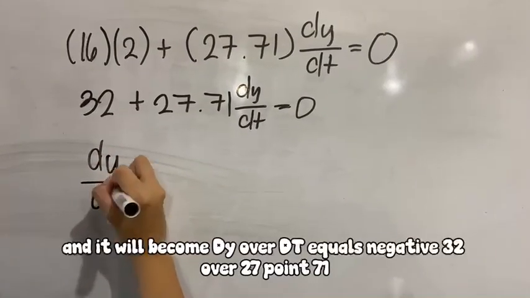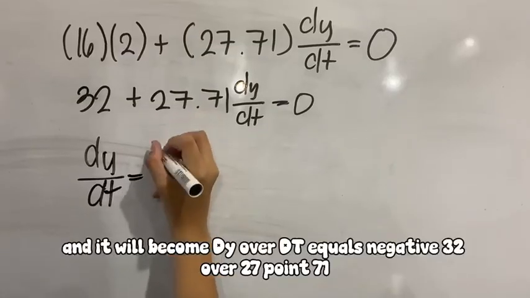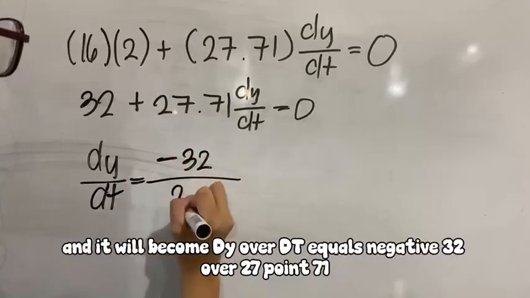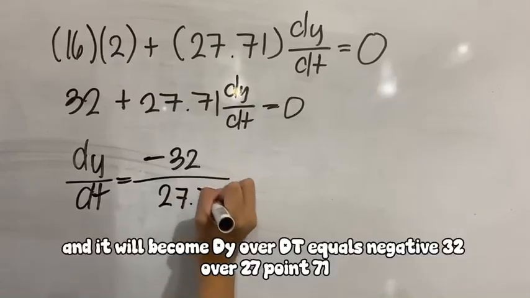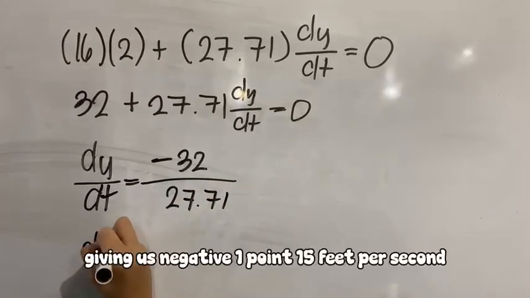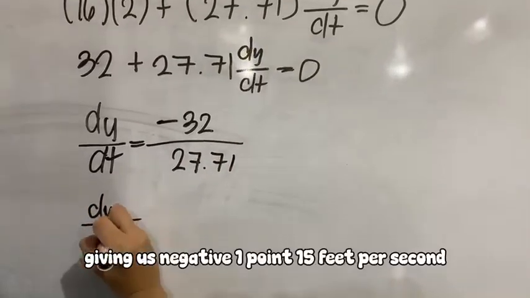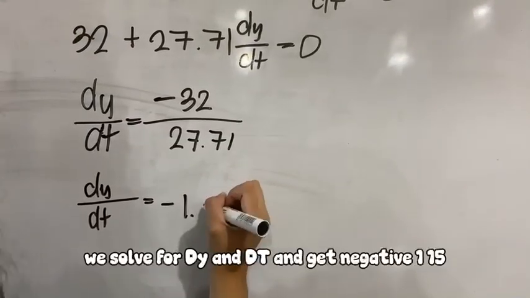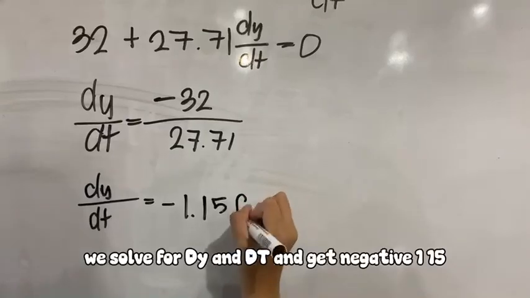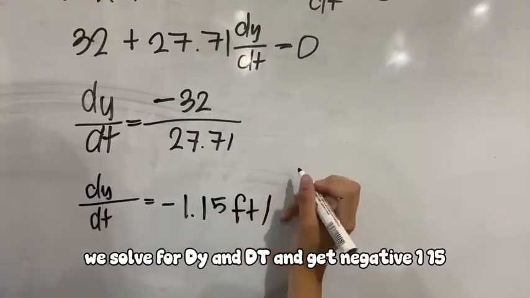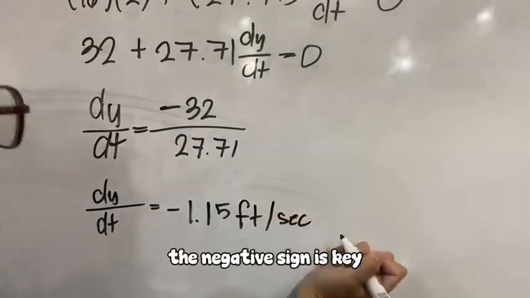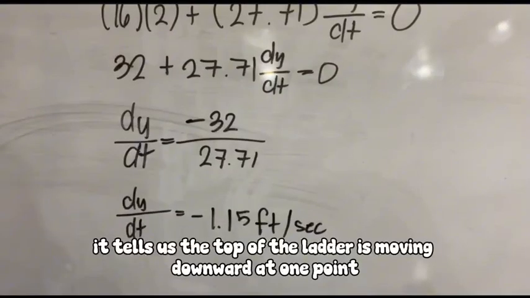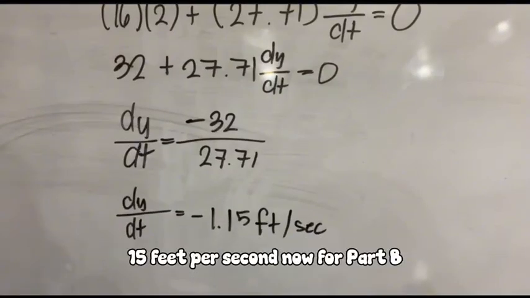And it will become dy over dt equals negative 32 over 27.71, giving us negative 1.15 feet per second. We solve for dy over dt and get negative 1.15. The negative sign is key. It tells us the top of the ladder is moving downward at 1.15 feet per second.